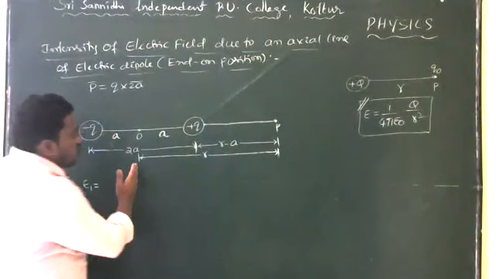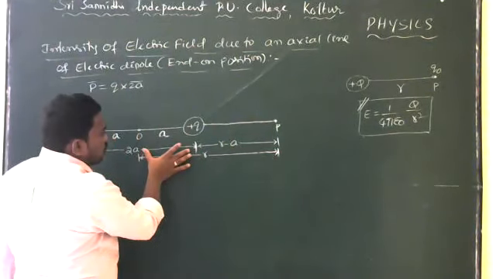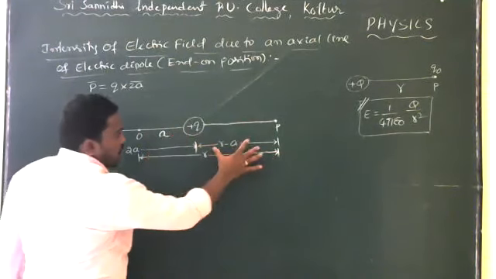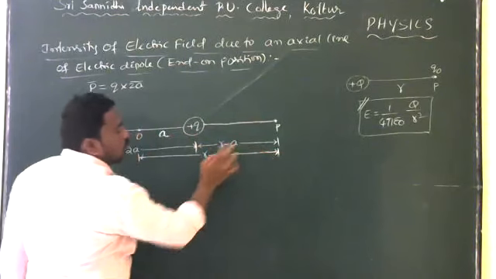Center of the dipole to P point: what is the distance? r. Center of the dipole to Q charge: a. Now calculate the distance between Q and P; this distance minus that distance, so it is r minus a.